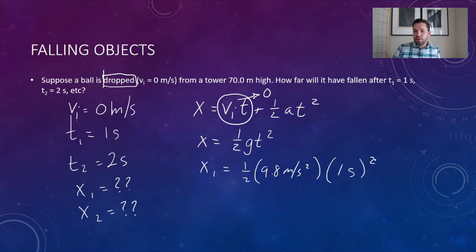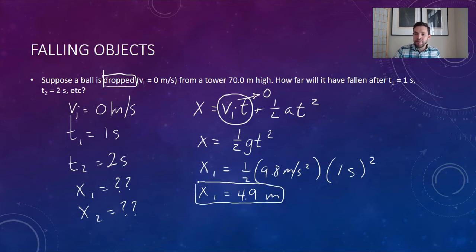Okay, 1 squared is just 1. 1/2 times 9.8 is 4.9 meters. So after 1 second, it has fallen a distance of 4.9 meters down from where it was dropped.